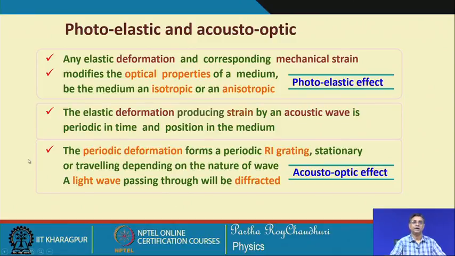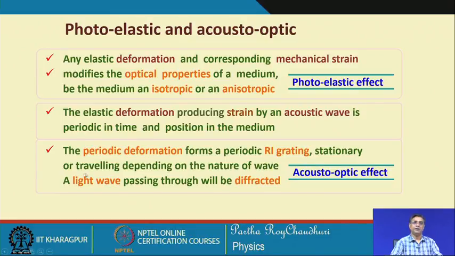That means, when an acoustic wave is travelling through a medium, because of the dynamic photoelastic property, there will be periodic deformation, periodic strain, periodic changes in the permittivity and in the refractive indices, and therefore a periodic grating is formed as long as the acoustic wave is travelling through the medium.